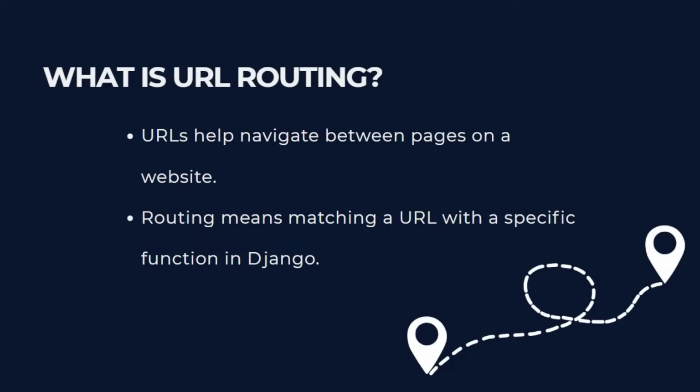We need to visit each page, so we need some URL, and that link will navigate to our web page. We have a separate URL for each and every page, and that should take us into each page perfectly. That's why we're using URL.